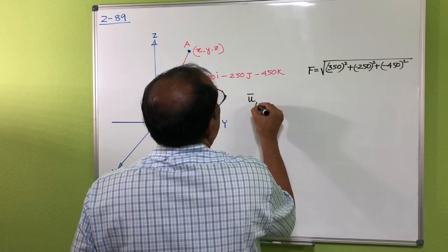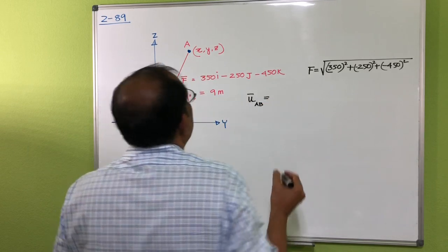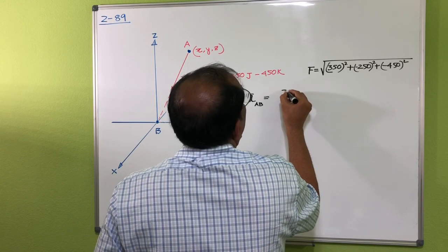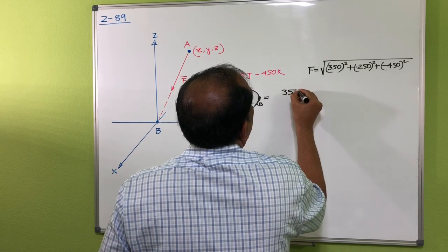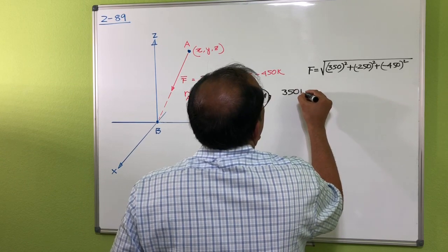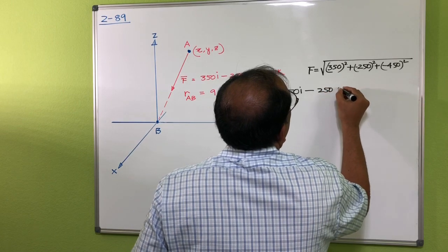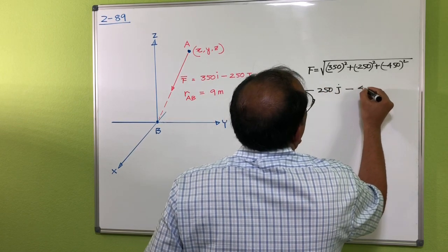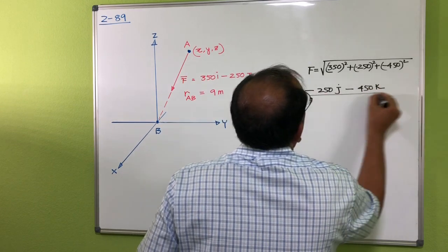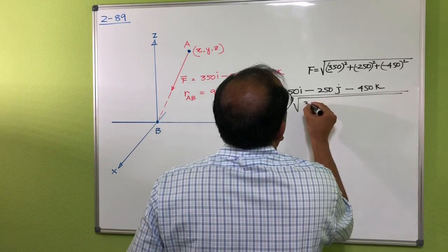Okay? Now if I want to find out the unit vector from A to B, that's basically divided by the magnitude of this vector, which is 350.